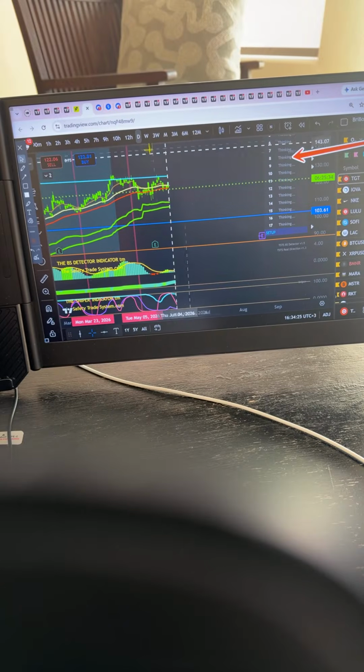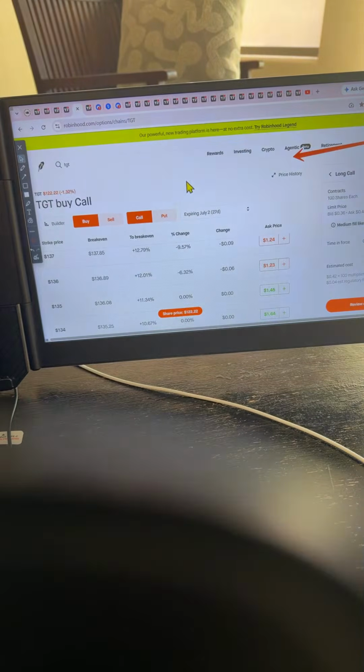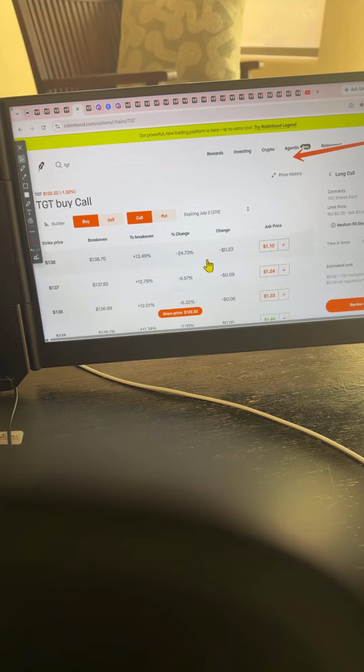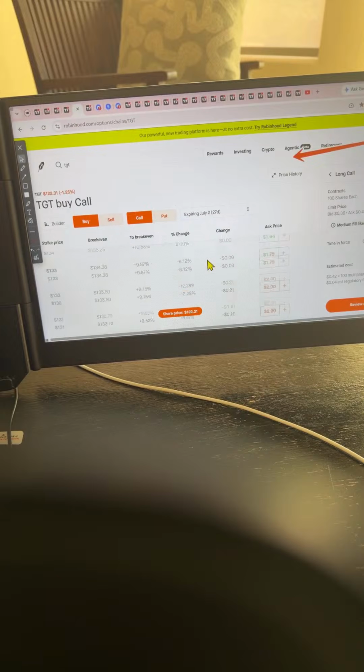All right, daily. We're going to go down. We're strictly going to look at this as a very, very fast movement. 135, 130. Okay, we're not looking for this to hit strike.